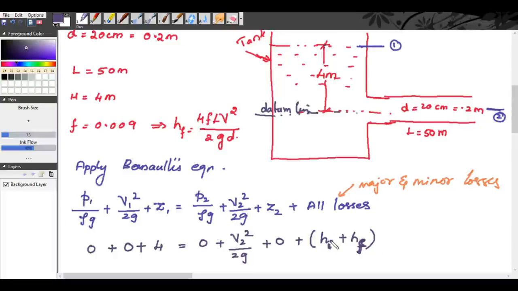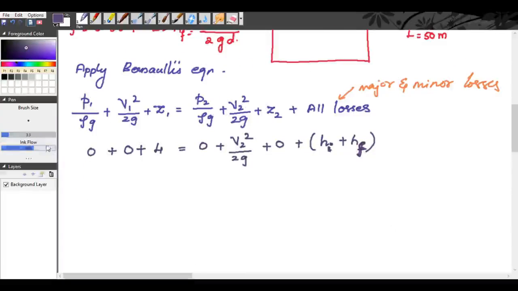HI is the loss due to the inlet of water through the pipe. HI is loss of head due to inlet, and loss of head due to friction is HF. That is the major loss. So what we get is 4 equal to V square by 2G plus HI plus HF.